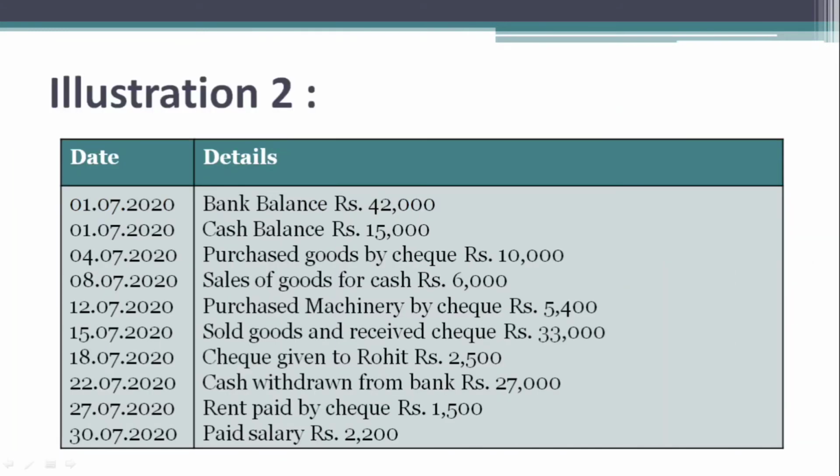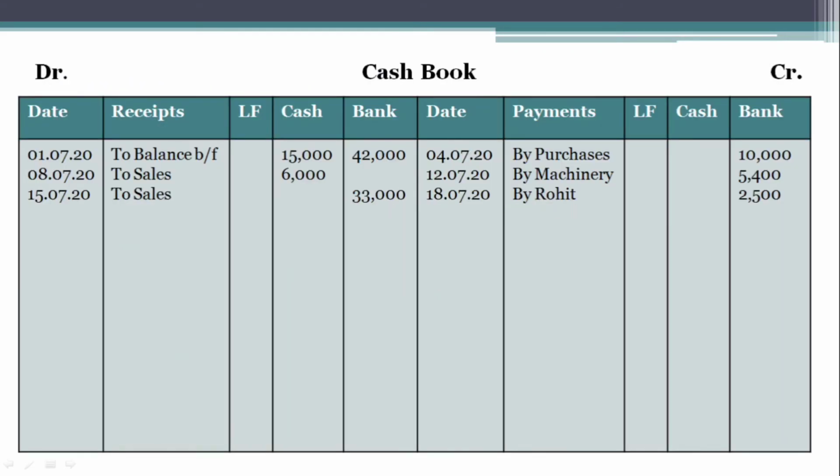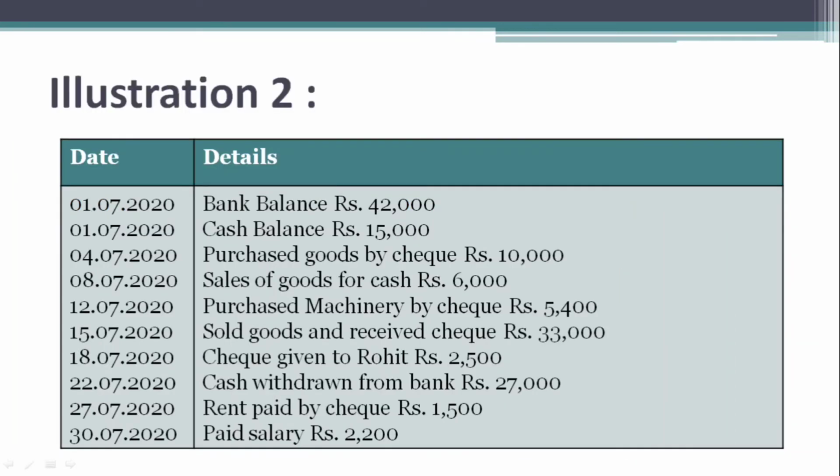Next, check given to Rohit rupees 2,500. Again, by Rohit rupees 2,500 in the bank column. Very clear. Cash withdrawn from bank rupees 27,000. Now we know that this entry is a contra entry because it involves both cash and bank. Now see how to record a contra entry.